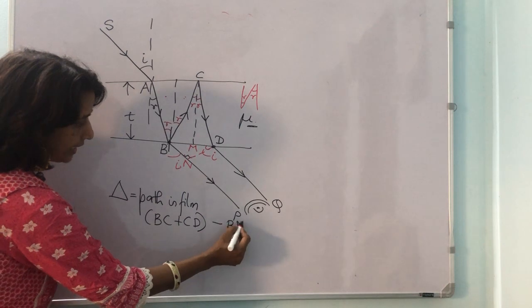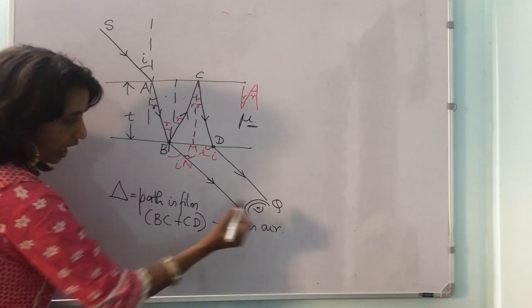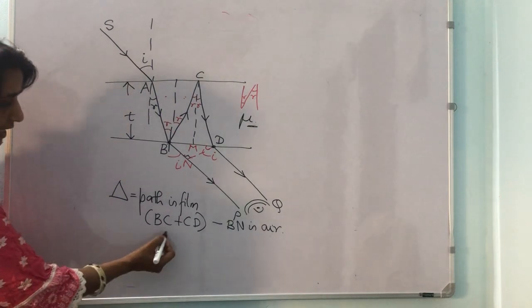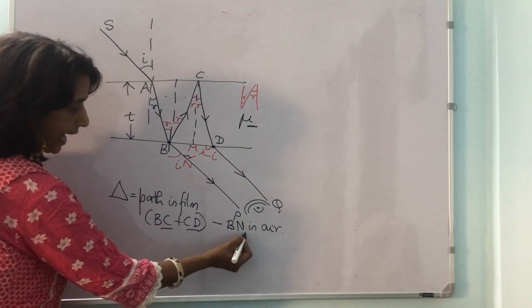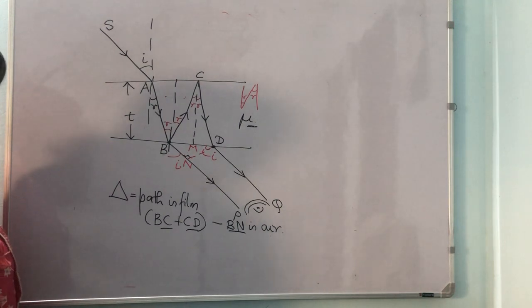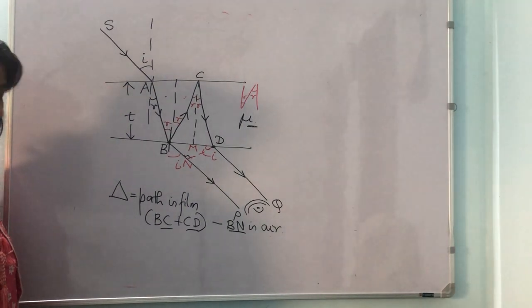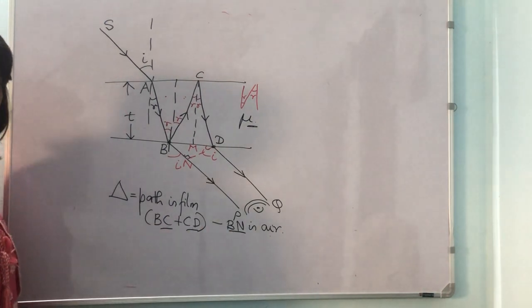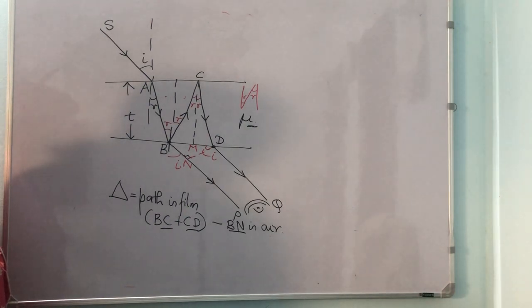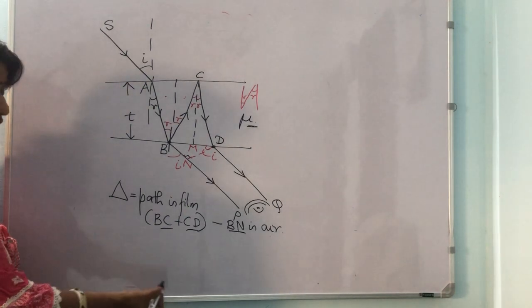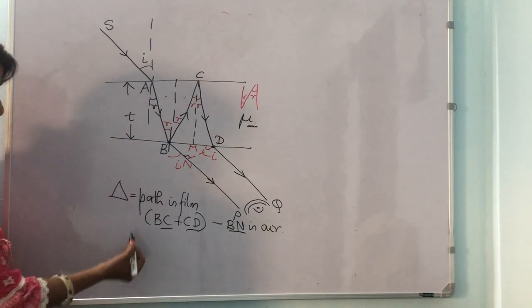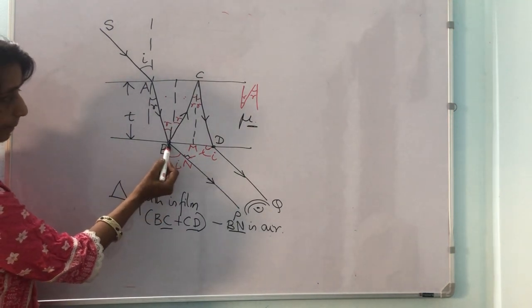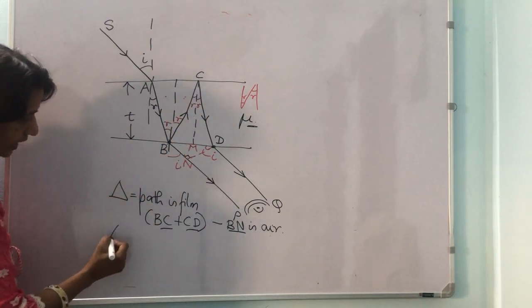So BN in air. Now our target is to find an expression for BC, CD and BN in terms of I, R, cos, tan, sine. So we will pick up 3 triangles to simplify this expression, and instead of BC, CD and BN, we write them in terms of cosine, sine, tan, etc. to introduce Snell's law in this expression. So we begin with triangle BCM.